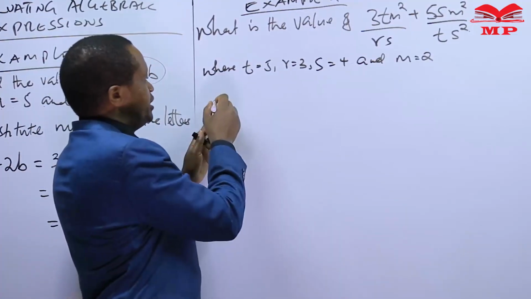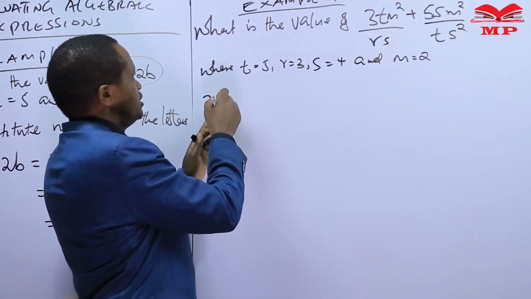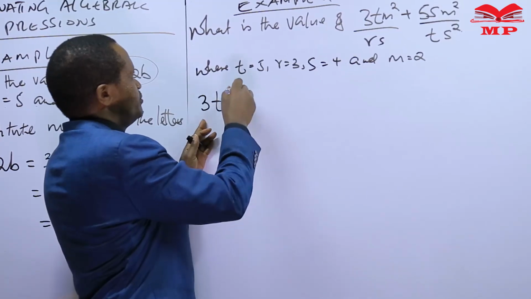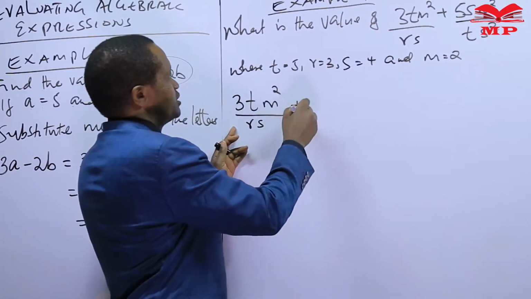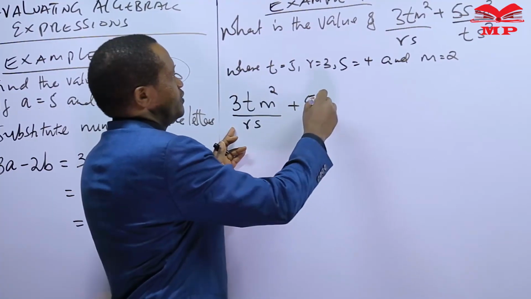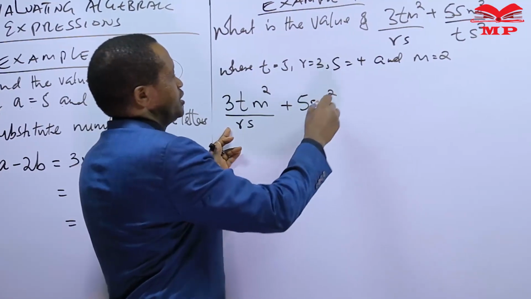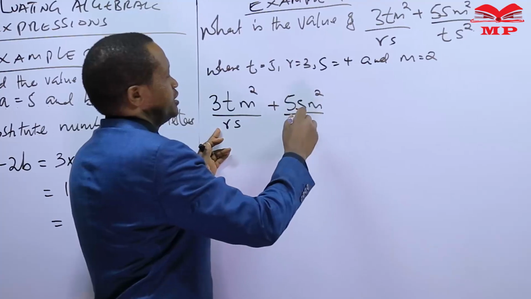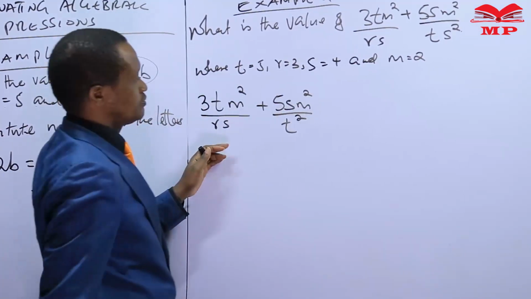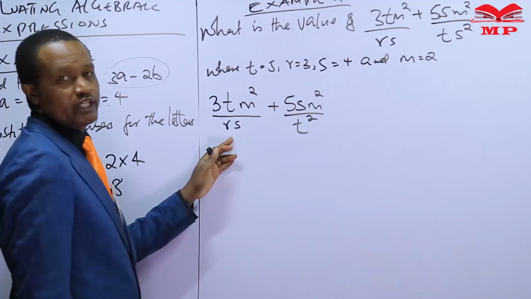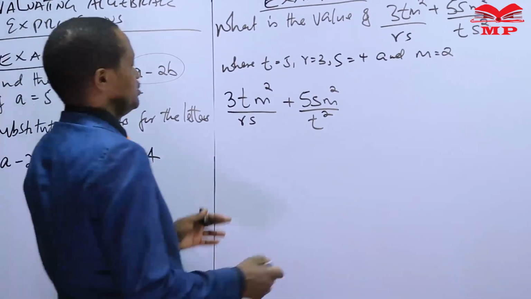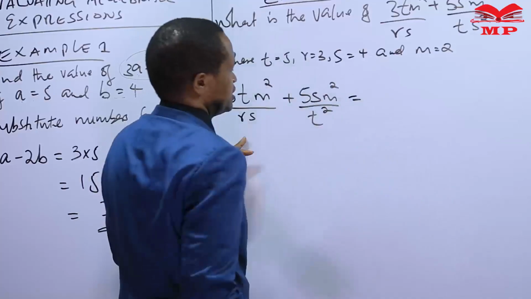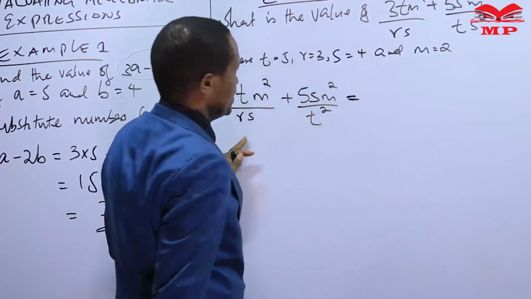So we come here and write 3tm squared over rs plus 5sm squared over t squared. So we'll substitute the numbers for the letters.